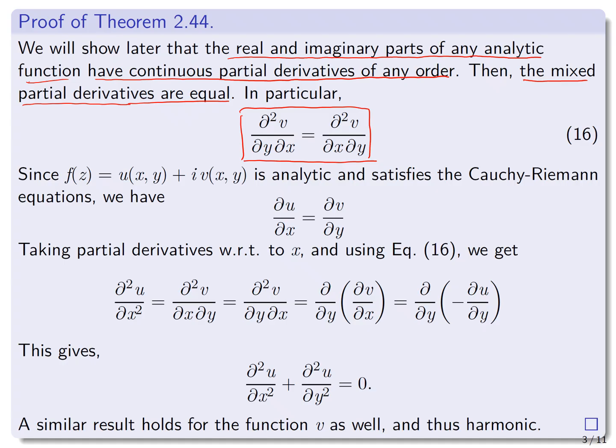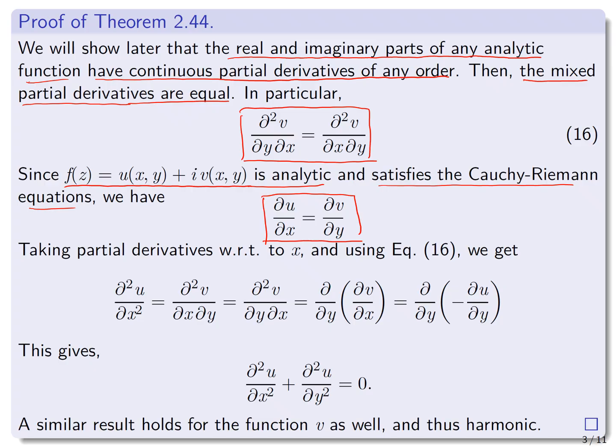That's a key point here. Now, since f(z) equals u plus iv is analytic and satisfies the Cauchy-Riemann equations, we know the partial derivative of u with respect to x equals the partial derivative of v with respect to y. That's the first condition of the Cauchy-Riemann equations.